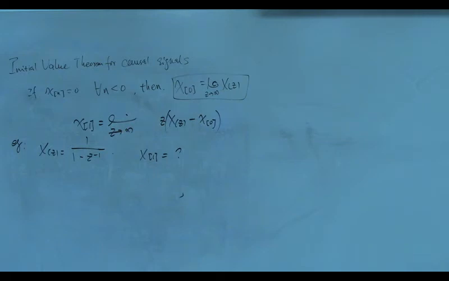You need to calculate x0 first, right? What is x0? 1. Somebody already calculated for you. Okay, so now you calculate x1. Anyone else get 1 for x0?